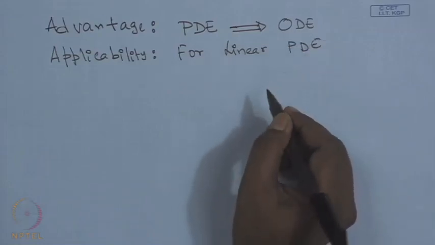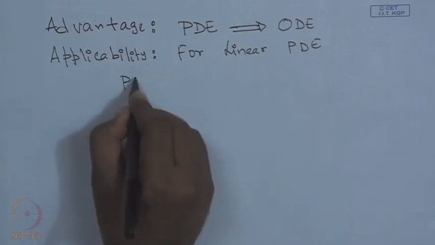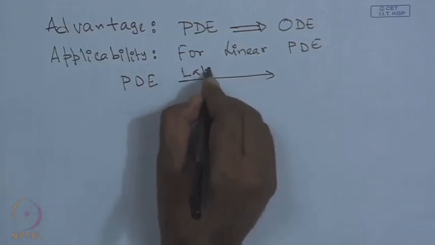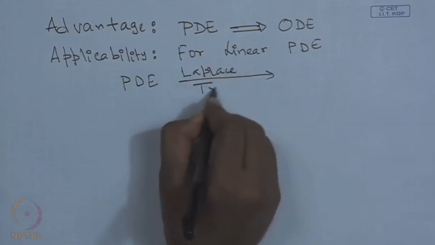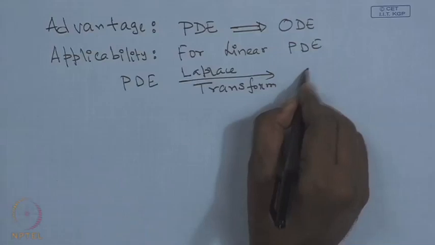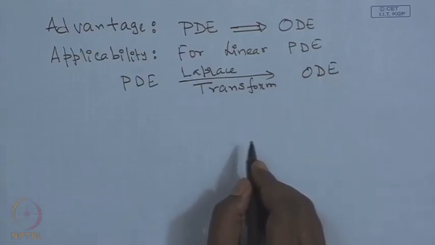So, if the governing equation is linear, if you have a partial differential equation, by using Laplace transform it can be boiled down to an ordinary differential equation.